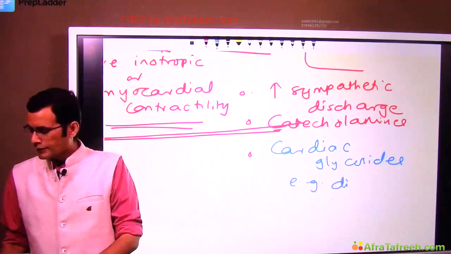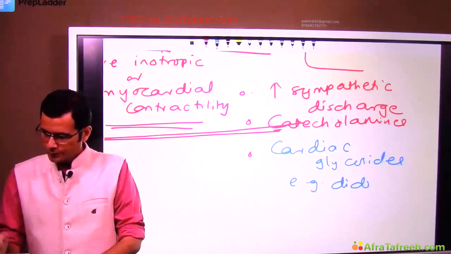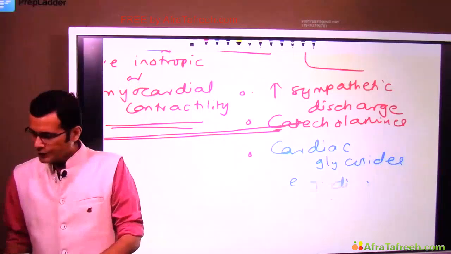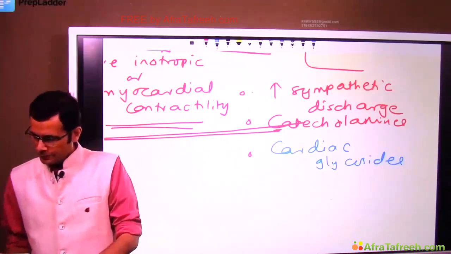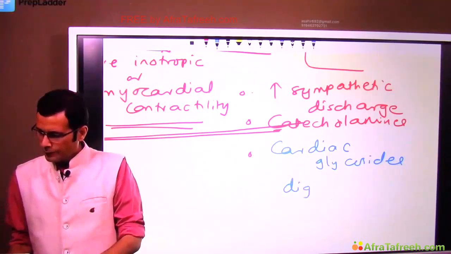These are the factors that increase the contractility and thereby increase the stroke volume and cardiac output.